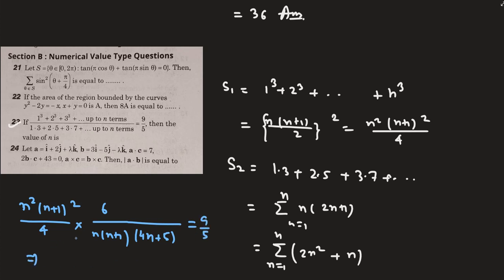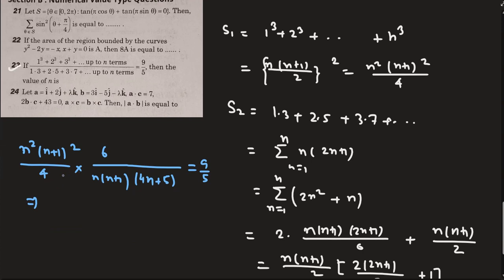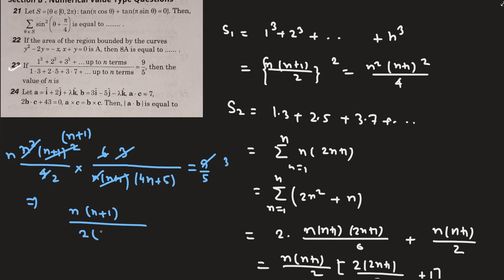Now the simple calculation is there. 2 2s are 4, 2 3s are 6, n and n cancel out, n plus 1 cancels out with this one. So we have n plus 1, then these 3 cancel out with these 3. So in the upper part we have n times n plus 1, in the lower part we have 2 times 4n plus 5, which is nothing but 3 by 5.